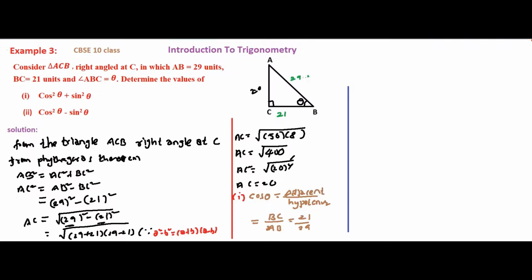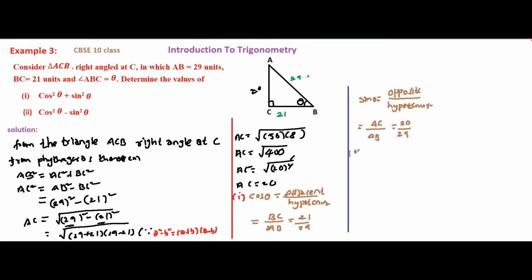Sin theta equals opposite by hypotenuse, that is AC by AB. AC is 20 and AB is 29, so sin theta equals 20 by 29.